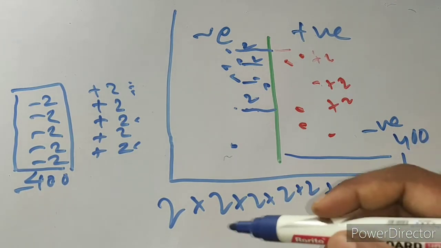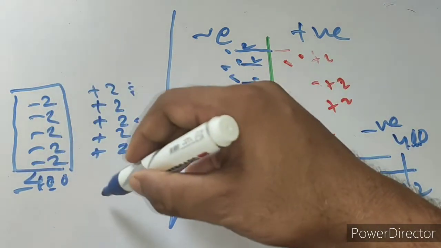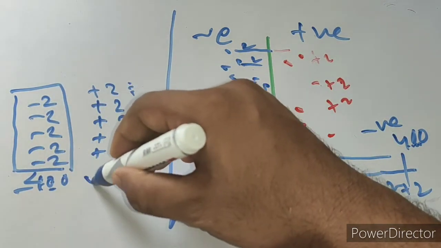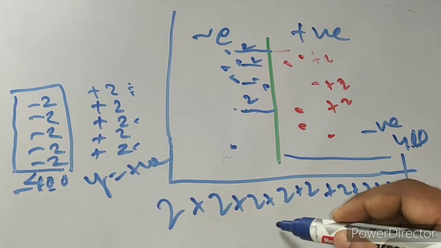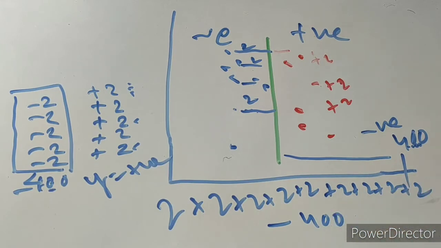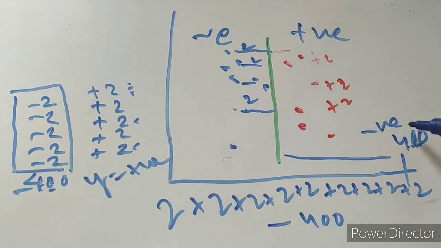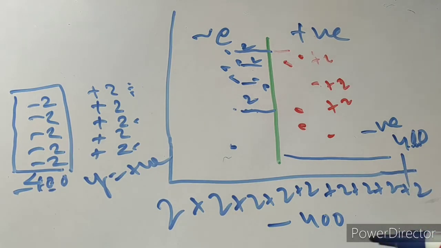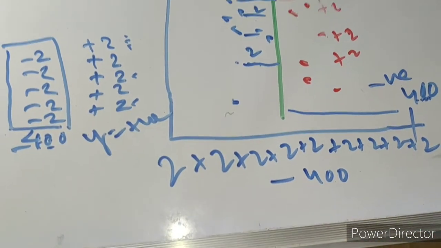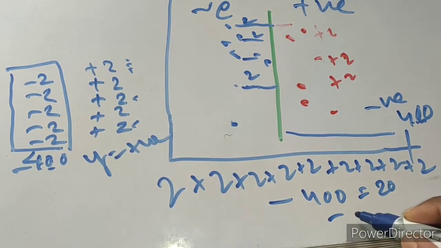But this one is present on this side, and for this y is positive, it means minus 400, because it is minus WTX into plus y, so it is minus 400. It turned into something like 20 minus 400.